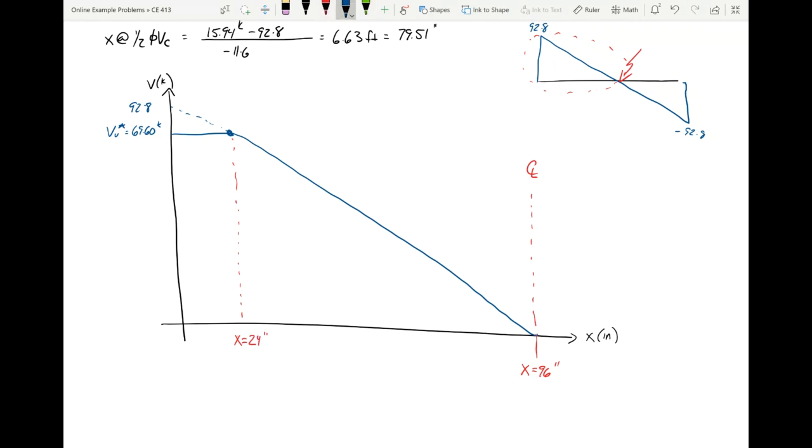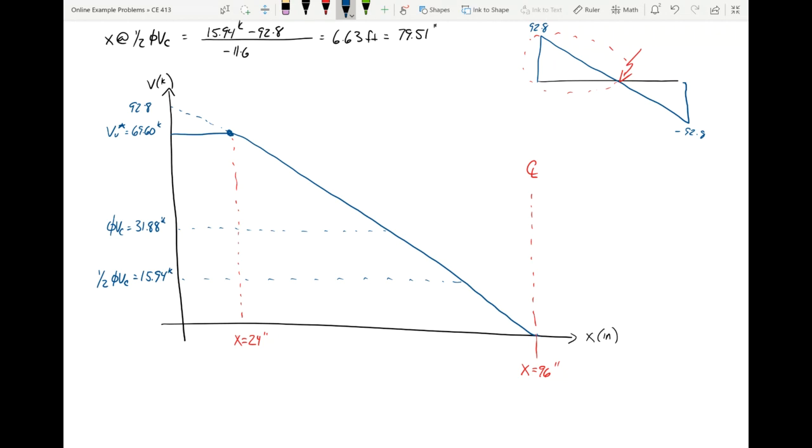And lastly, we have two other shear terms that we computed. We have this term and this term. This is phi Vc, which is 31.88, and this is half of phi Vc, which is 15.94.